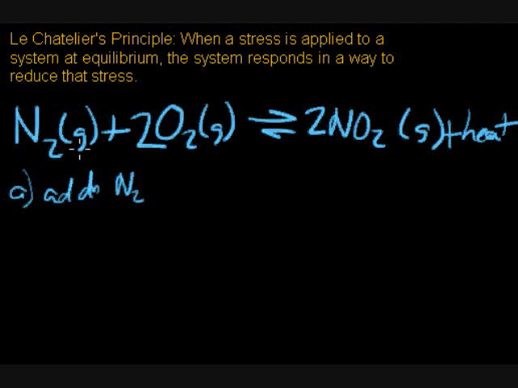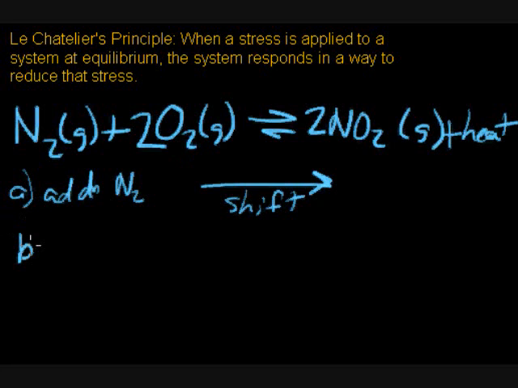And so in order to reduce that stress, in order to get rid of some of the extra N2 that we added, equilibrium is going to shift to the right. So equilibrium will shift to the right and get rid of that extra nitrogen and produce more NO2. And so in this reaction, the added stress N2 will cause the reaction to shift to the right to get rid of that nitrogen.